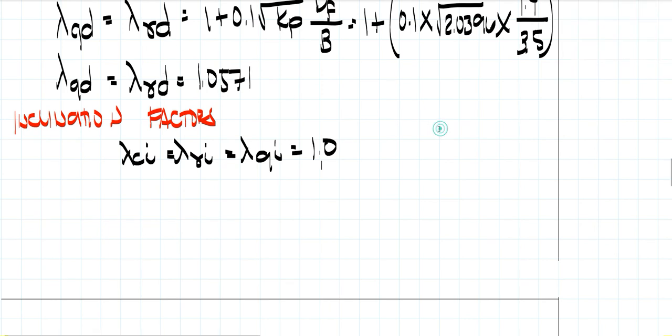So, since nakuha na natin yung bagong shape at depth factors natin, ngayon pupunta tayo dun sa bearing capacity factor, which is hindi na din natin kailangan kunin kasi meron na tayong na-compute nyan from our previous video on sample problem regarding the continuous footing.